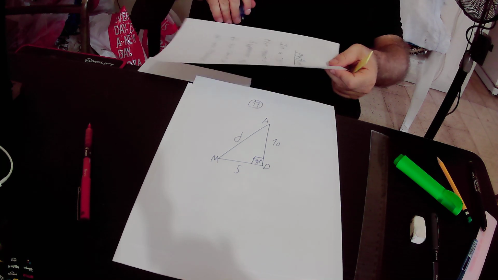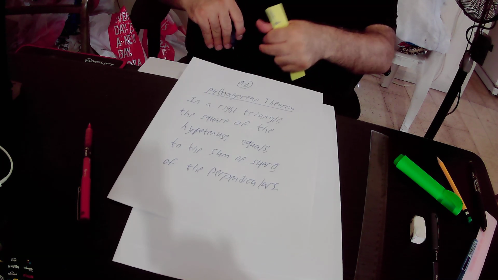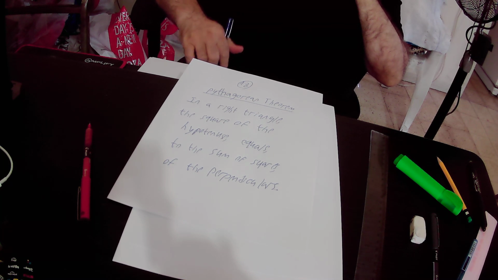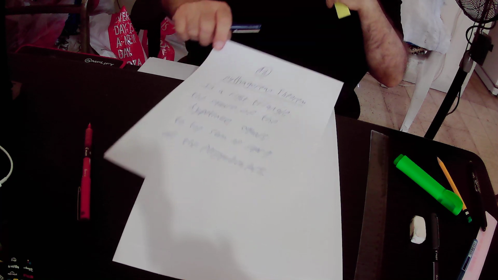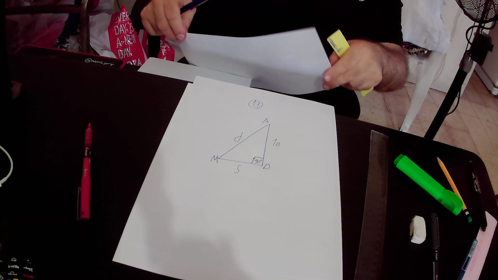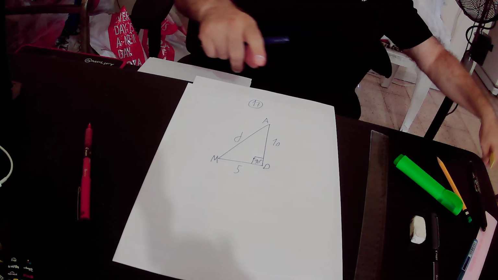I will read again the Pythagorean theorem. The Pythagorean theorem states that in a right triangle, the square of the hypotenuse equals to the sum of the squares of the perpendiculars. Okay, so we will implement the Pythagorean theorem in our right triangle ADM.